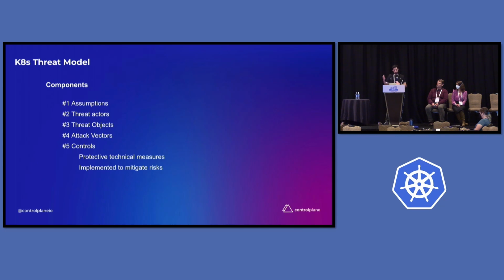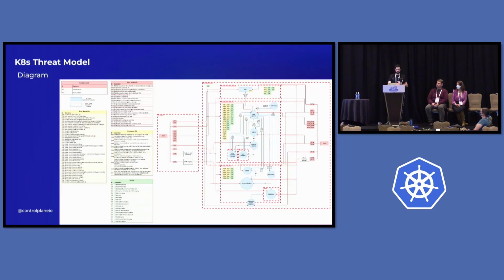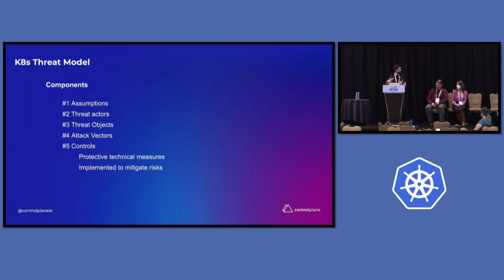Controls are protective technical measures implemented to mitigate risk, to harden the components and make sure those threats may try to exploit these weaknesses, but they can't succeed. Or if they do, we can detect it. Right. Back to you for the methodology.